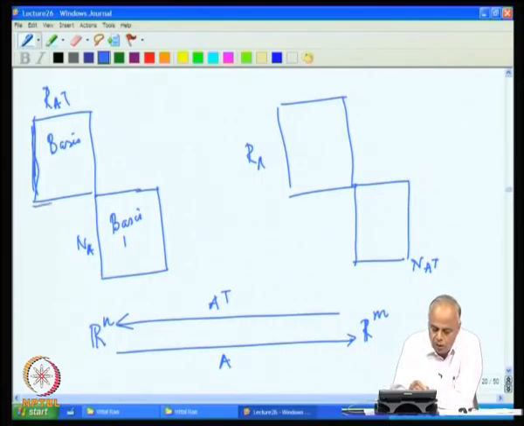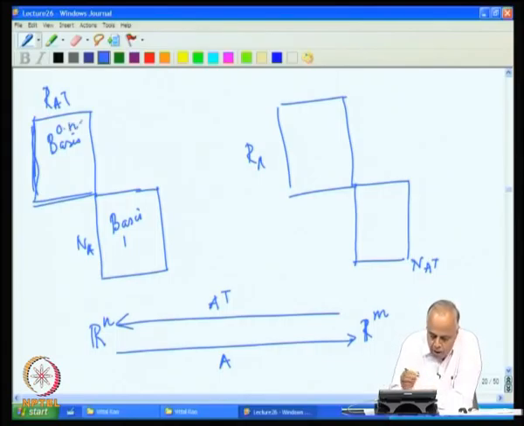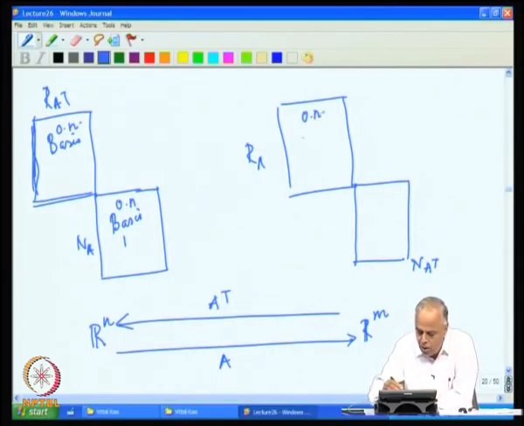So, therefore, finding a basis for R n is converted into the problem of finding a suitable basis for R A transpose and a suitable basis for N A, and we would even look for orthonormal bases. And similarly, we would look for an orthonormal basis here and an orthonormal basis here.